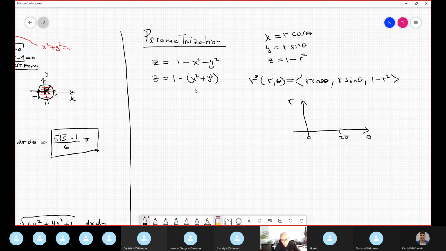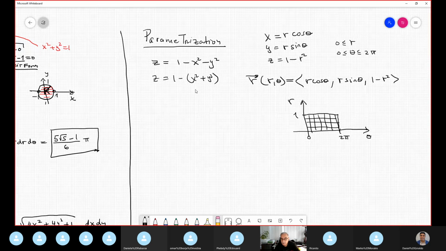And r varies from 0 to 1. This is my domain of the parametrization. By the way, it's a rectangle. I like this because the integration is easy. So you put together the parametrization and this idea: theta varies from 0 to pi, and r varies from 0 to 1, in our specific example.